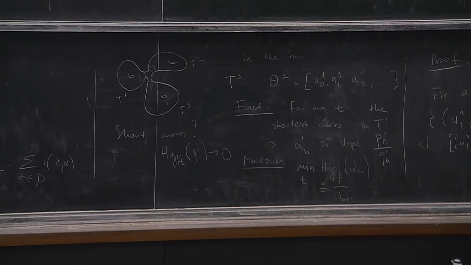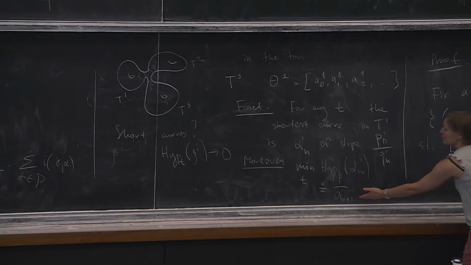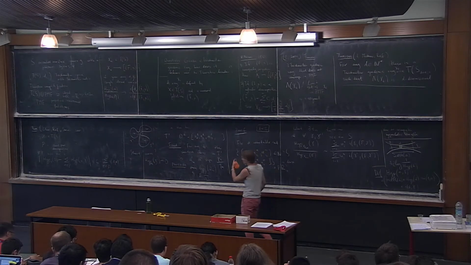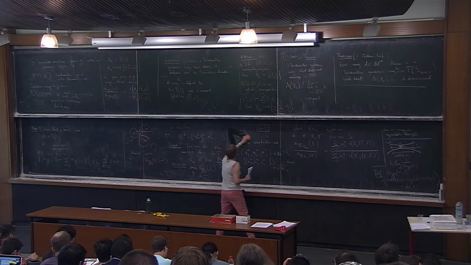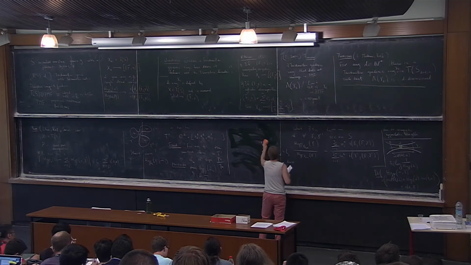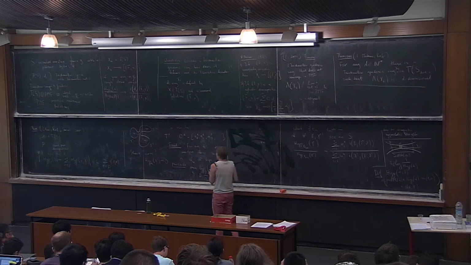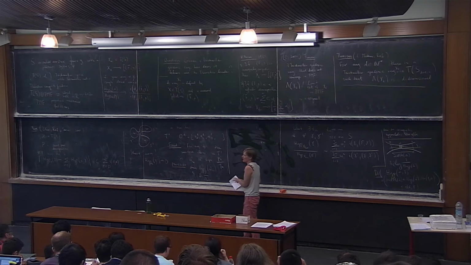So it tells you that, well, if you want very short curves, you need to take very large coefficients of the slopes theta i. And then we also know, not exactly, but up to some bounded error, when that minimum happens.